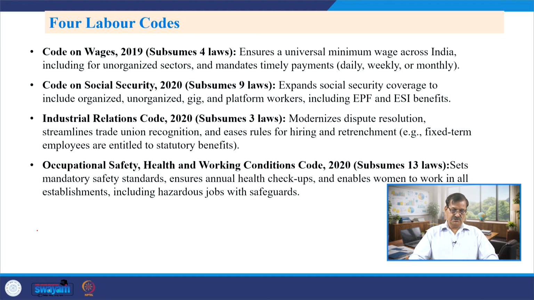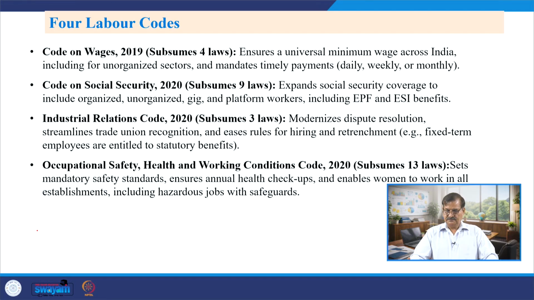The second code is on Social Security, which came into existence in 2020, and it expands the social security provisions to include unorganized sectors, gig workers, platform workers, and not only the organized workers, and it includes EPF and ESI benefits to the workers. Third is the Industrial Relations Code 2020, and three laws were merged into it.